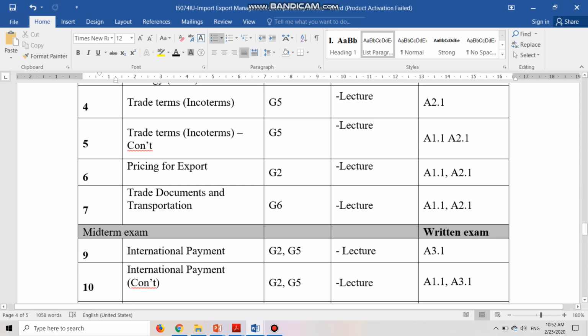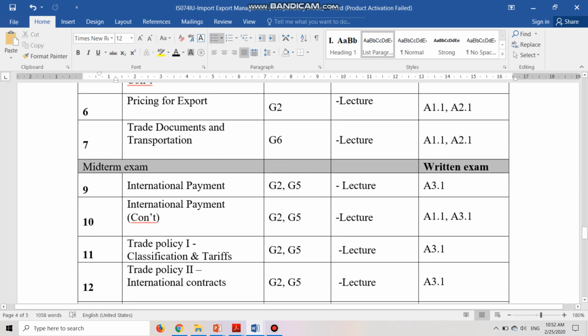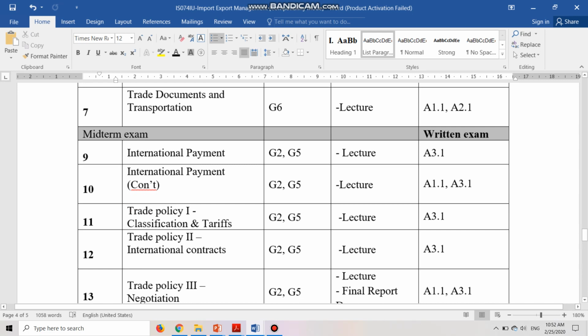And the seventh week, we will learn about trade documents and transportation. And after that, we will have midterm exam. Midterm exam will be open book. And after midterm exam, we will learn about international payment, what kind of payment we can make.